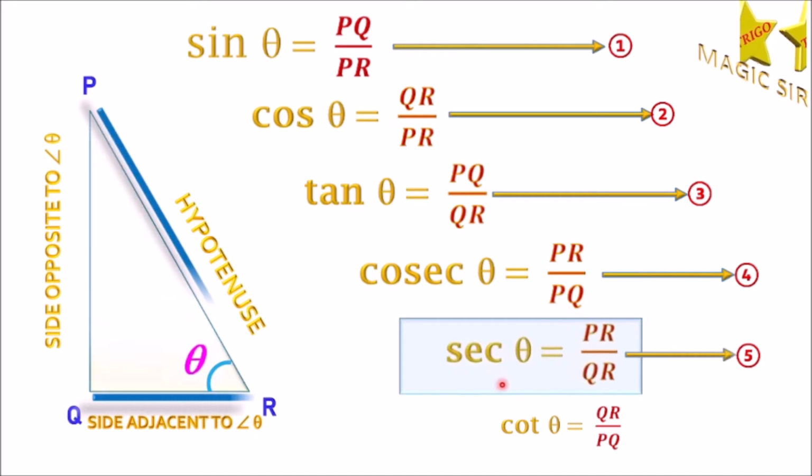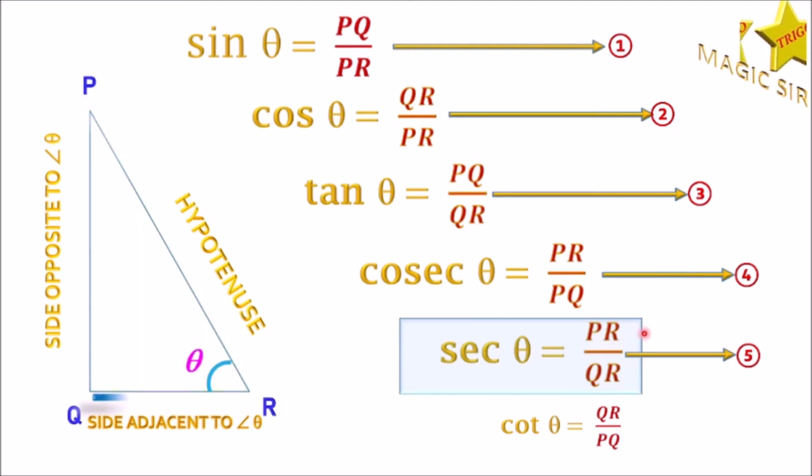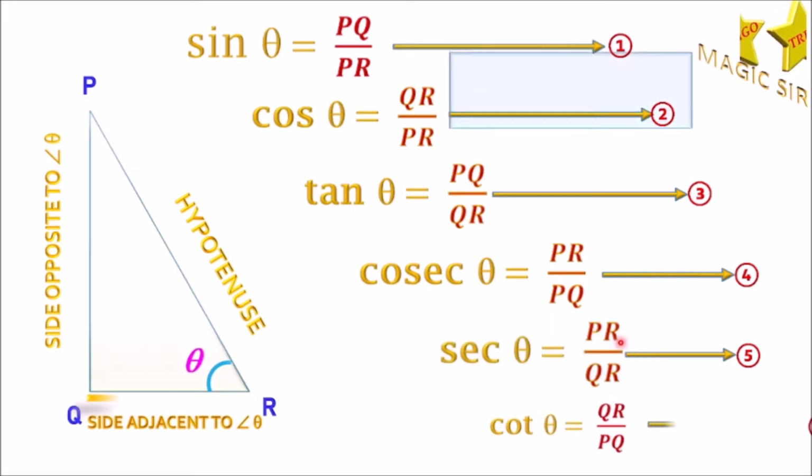Fifth, sec theta is equal to PR upon QR. That is hypotenuse upon side adjacent to angle theta is equal to PR upon QR. So sec theta equal to PR upon QR.